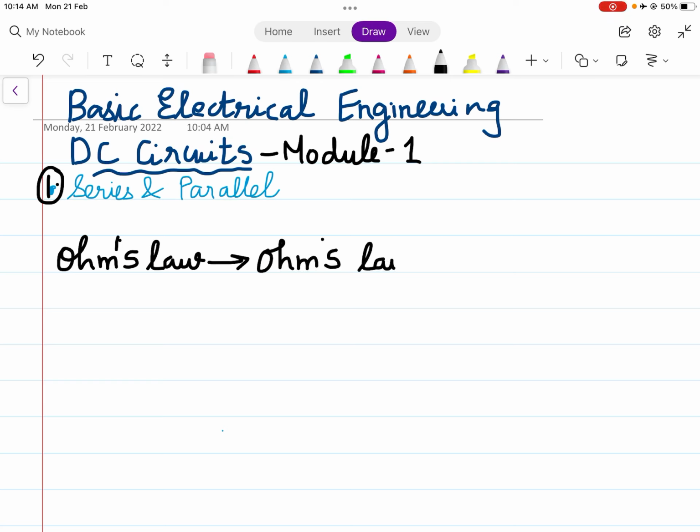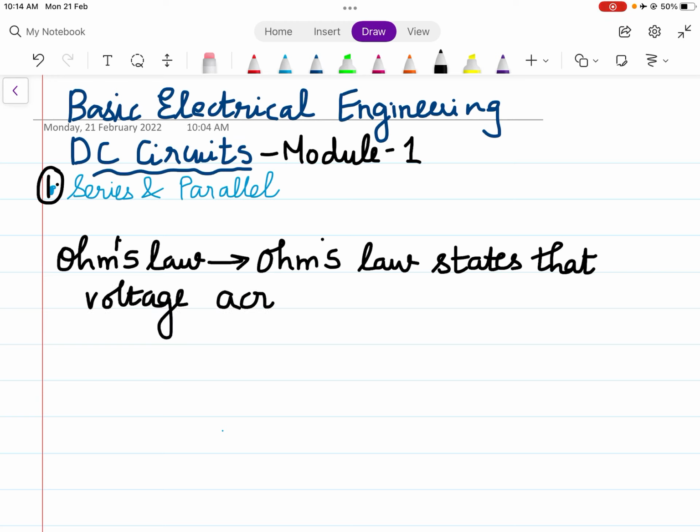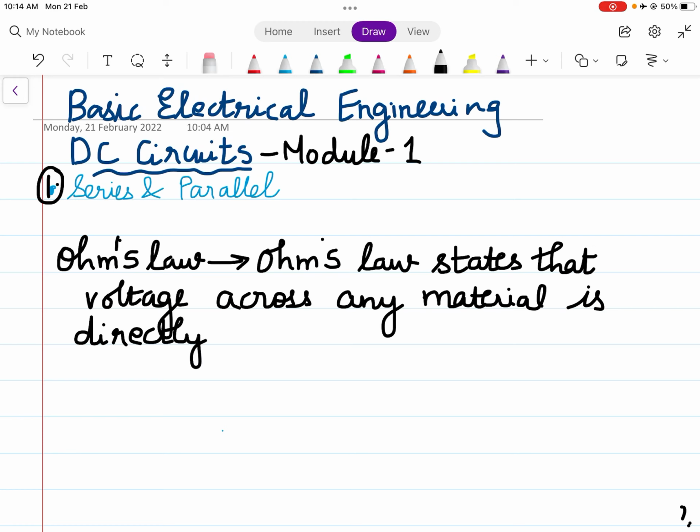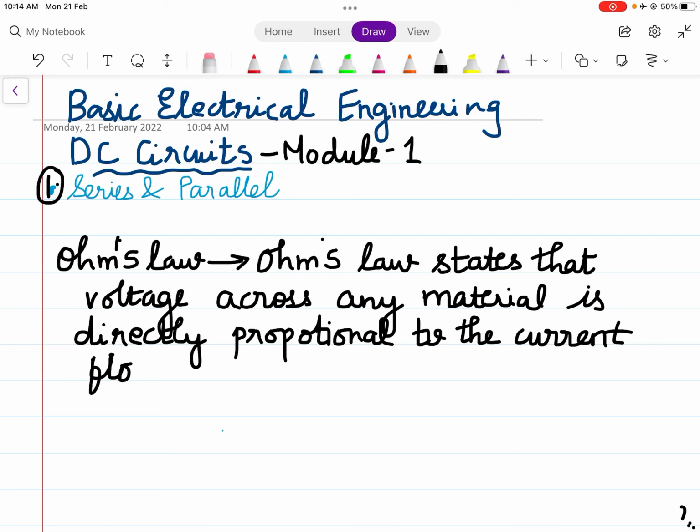Ohm's law states that voltage across any material is directly proportional to the current flowing through it.